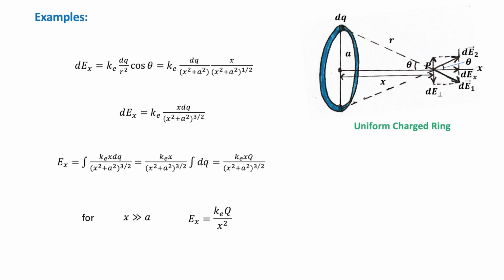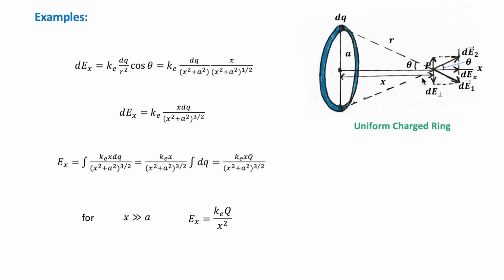Let's consider another example: the electric field of a uniformly charged ring of radius a and total charge Q. We want to calculate the electric field at a point P along the x-axis that passes through the center of the ring and is perpendicular to the plane of the ring. As you can see, the electric field due to a charge segment dq is dE, and it can be resolved into two components, dE perpendicular and dE_x along the x-axis.